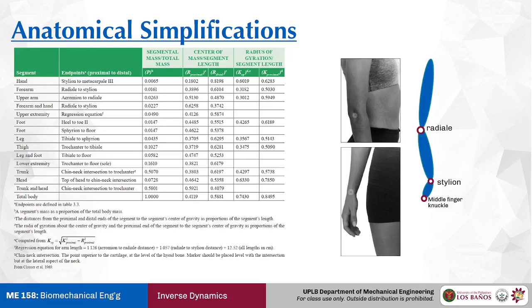So this is the full table. It's really impressive if you think about it, how extensively they did this kind of research. If you want to count how many cadavers they used for the 1969 study, I believe it's more than 10. I'll have to check. There are more recent studies than this.